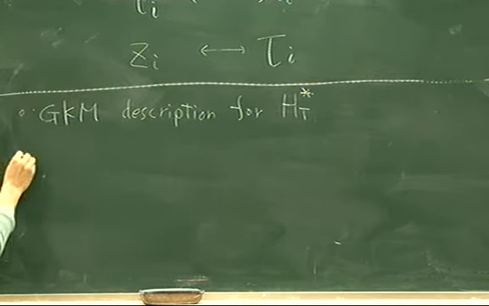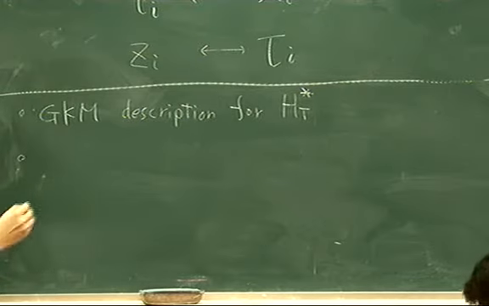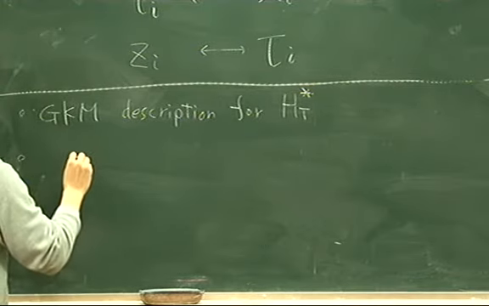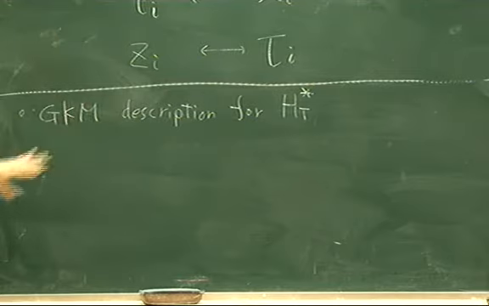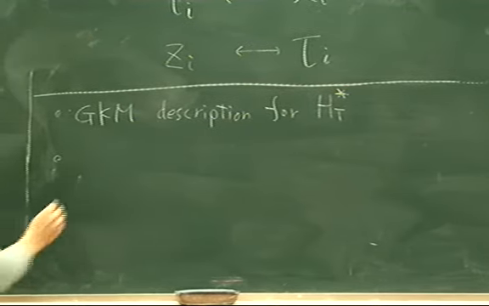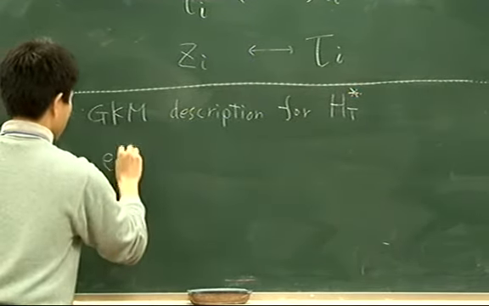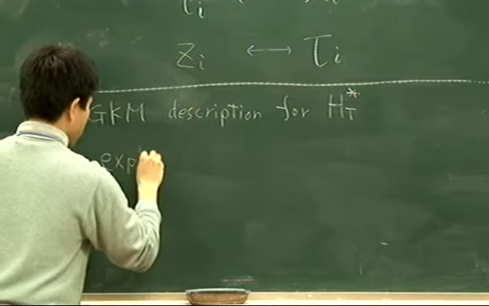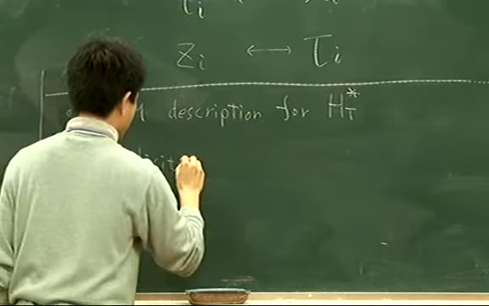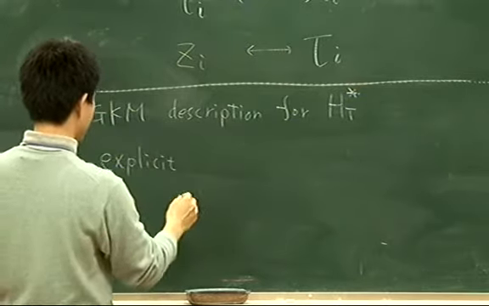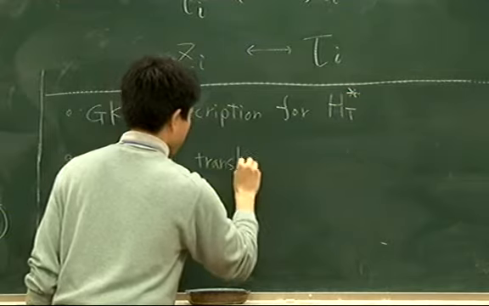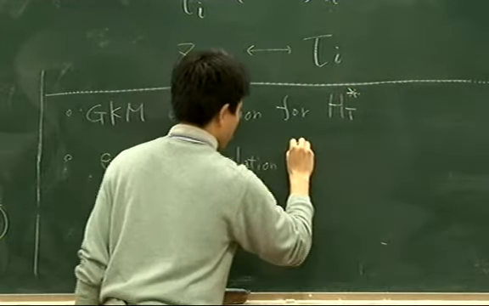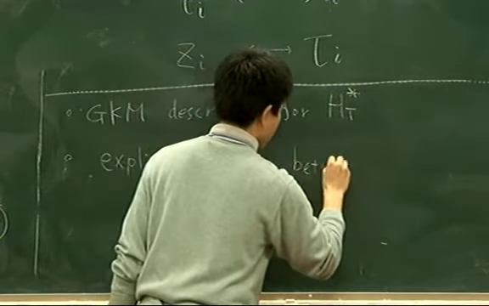And we can describe the explicit connection between this polynomial representation and the GKM description, an explicit translation between the two.